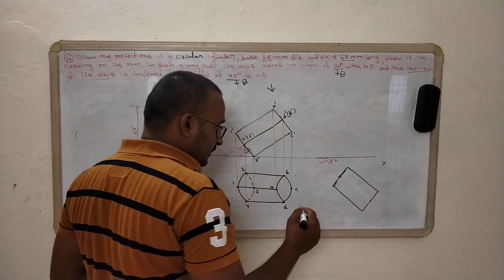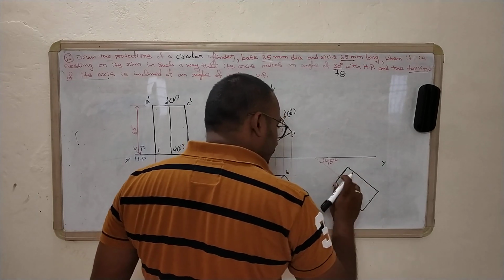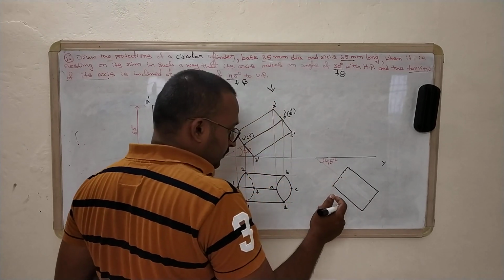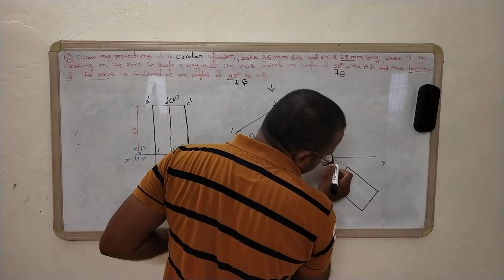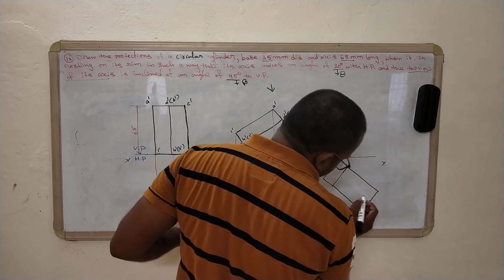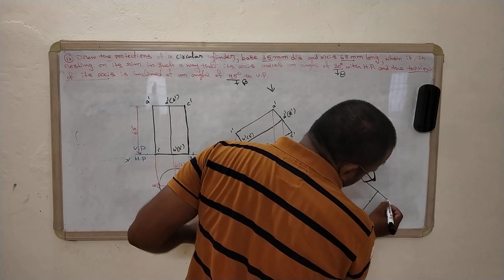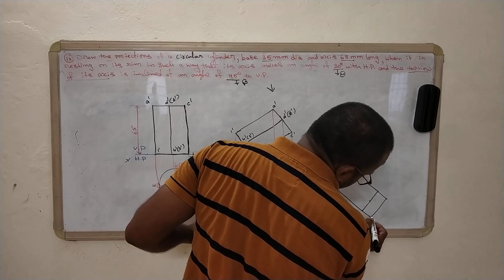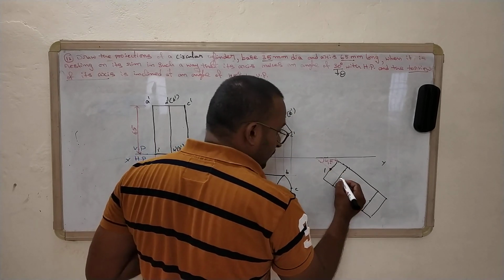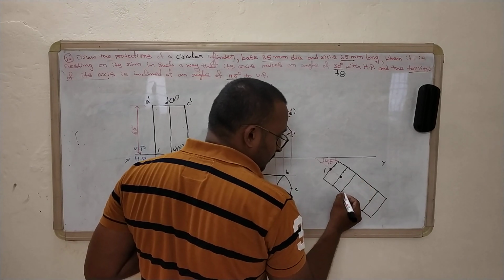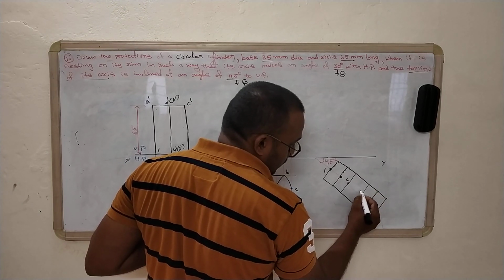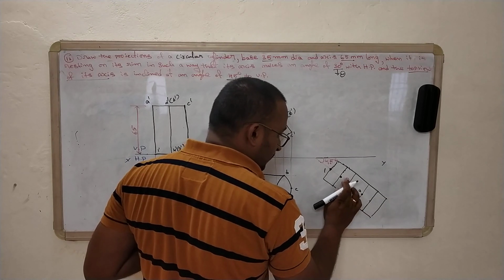Right, here it is, the first half will be here. Here it is 1, base point C, that is 3.